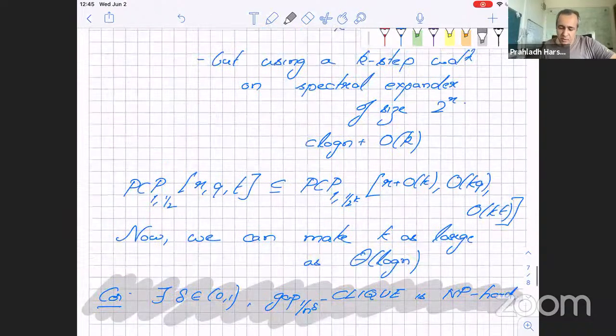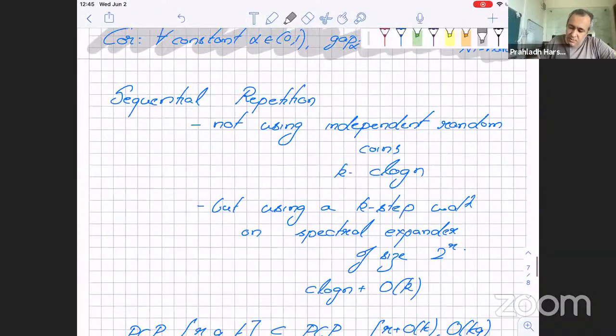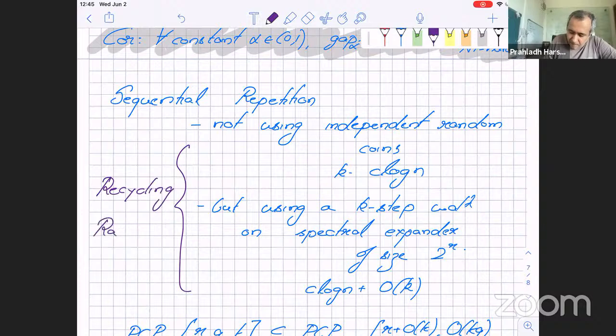So this is what is called recycling randomness. And you could ask, why does this stop at only n to the delta?